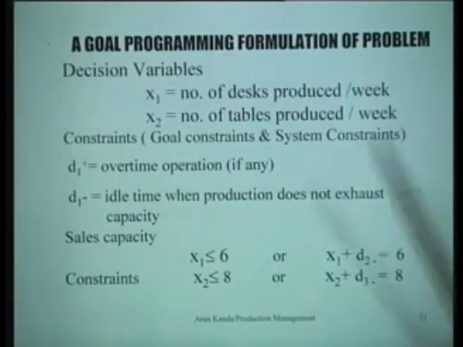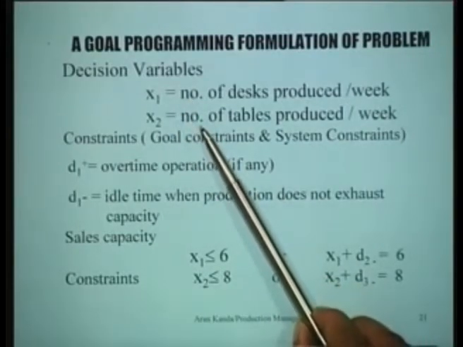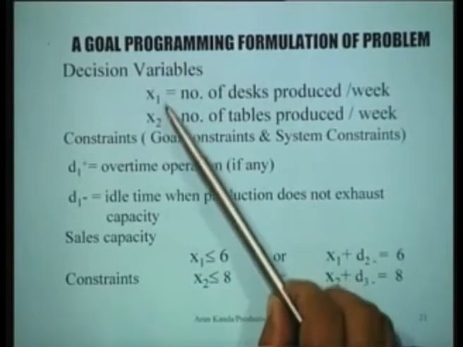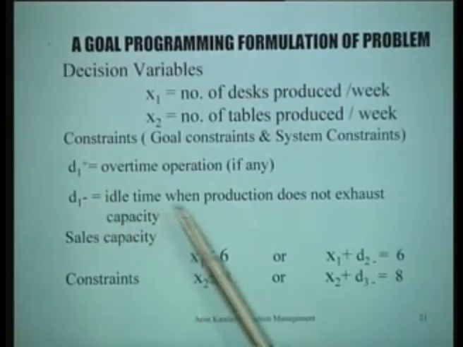And when you look at a formal definition of goal programming for the problem, it would be something like this. You have the number of desks and the number of tables as the two variables for the problem. We define an overtime operation, if any. So there is a D1 plus, and D1 minus is the idle time when the production does not exhaust capacity.